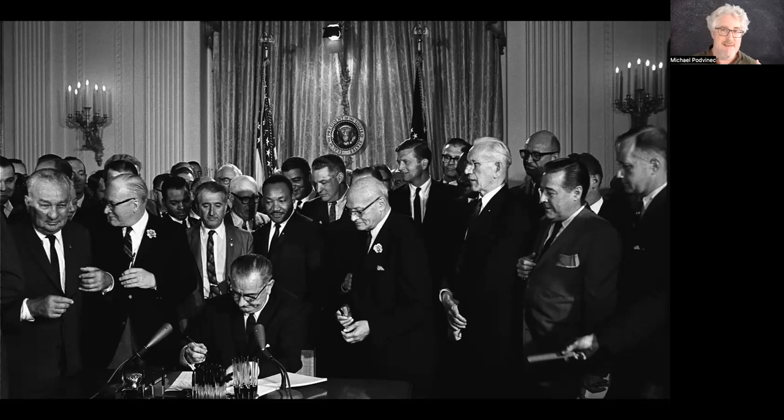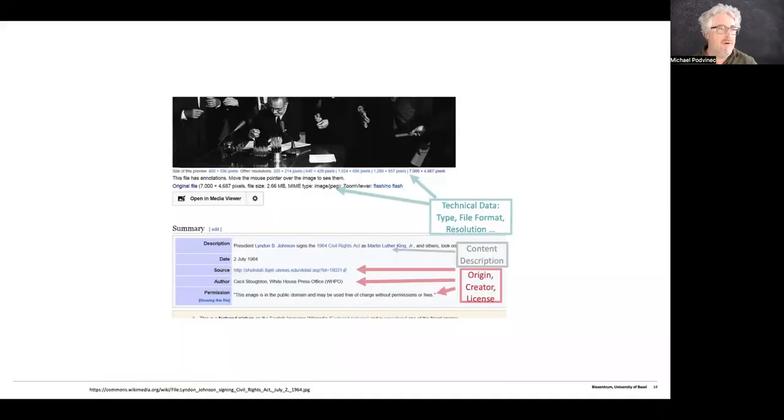But since Wikipedia also has metadata, if we would scroll down here, what you would get is the metadata that was annotated with this file. And this is technical data, sort of what file format is this in, what resolution and versions are there of this file, but also information about the content and the origin and the creator and the license.